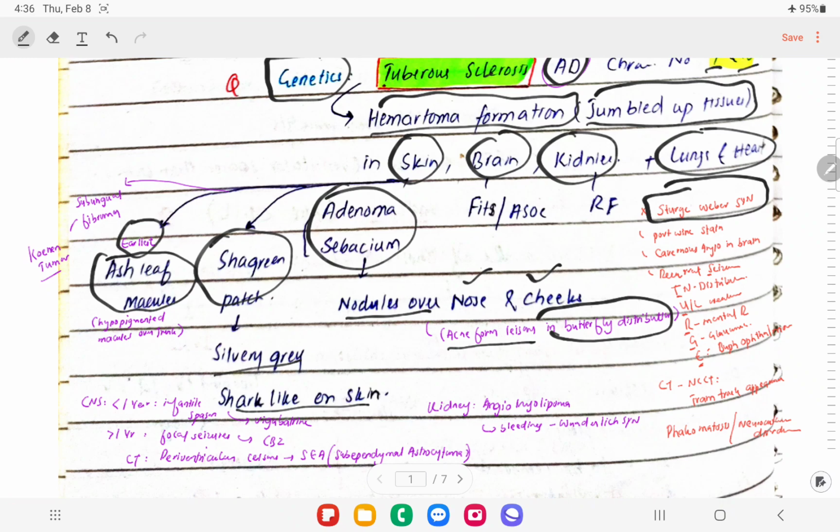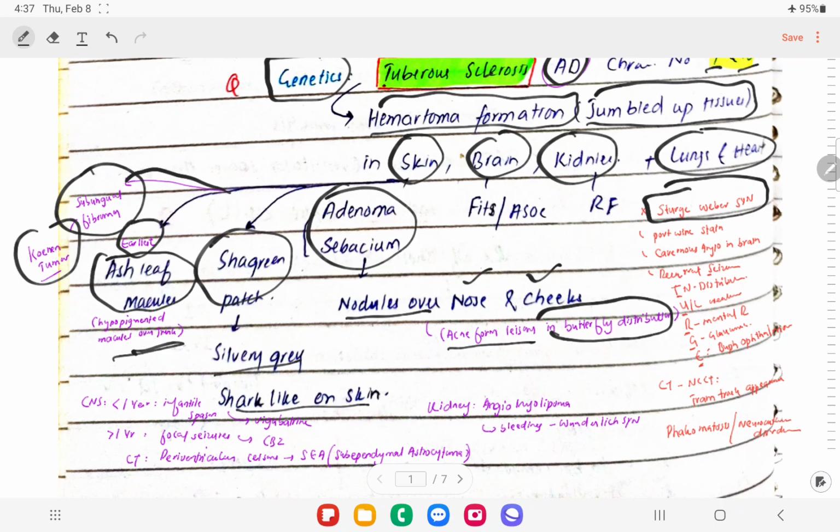An ash leaf macule is basically a hypopigmented macule present over the trunk, right? Another one is called the subungual fibroma. Like we see a skin growth on the nails, that is called a subungual fibroma, also known as Koenen tumor, right? So these are the skin manifestations we can see in patients with tuberous sclerosis, right?